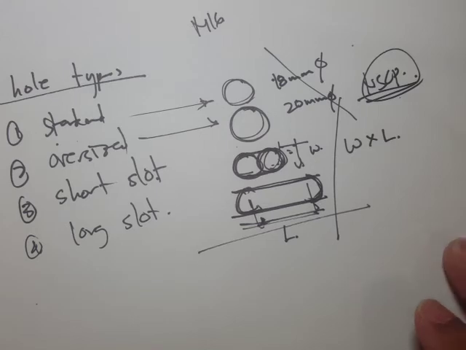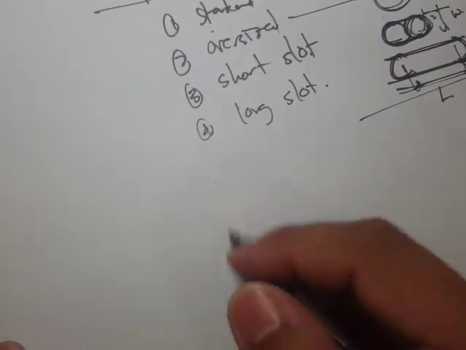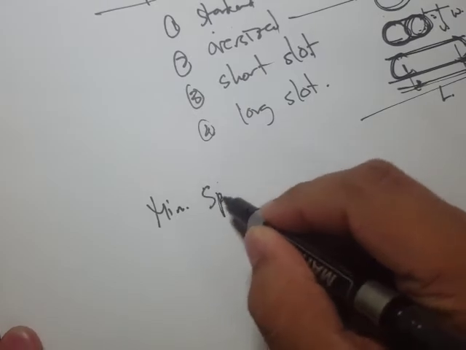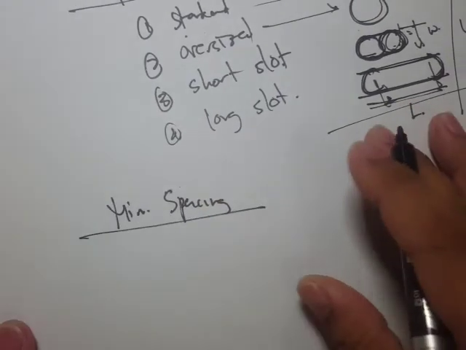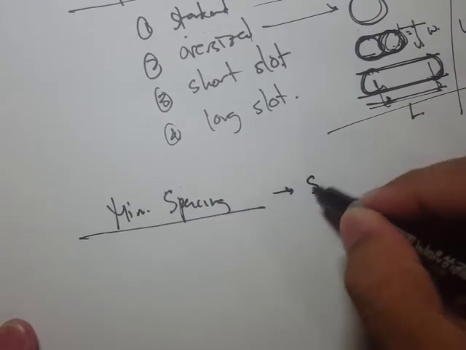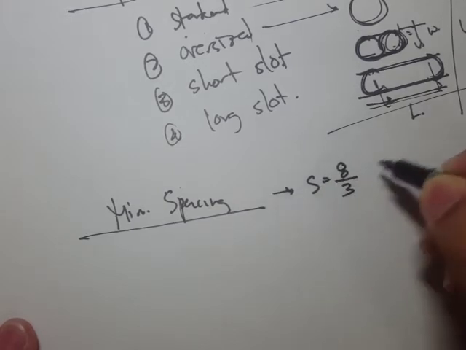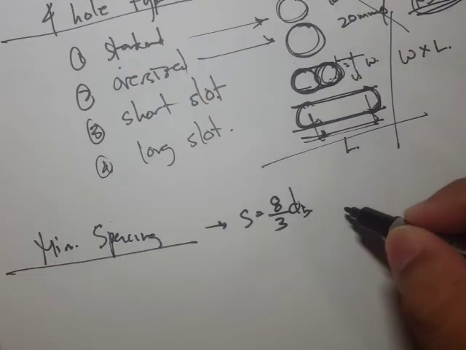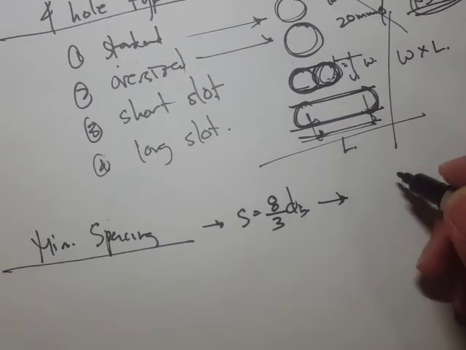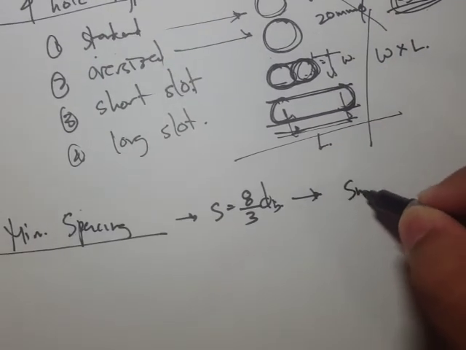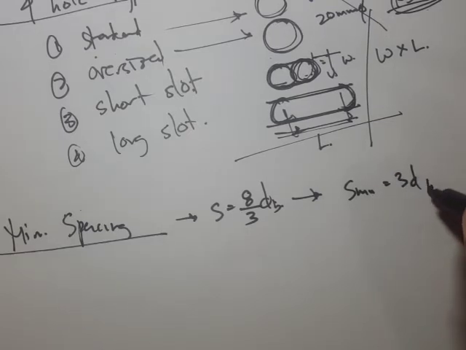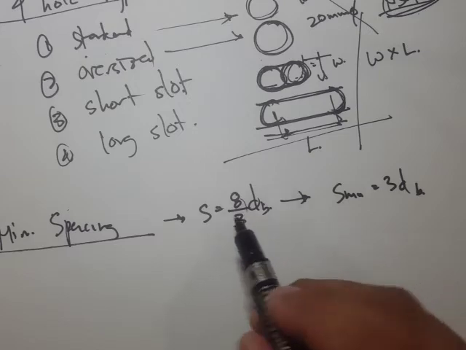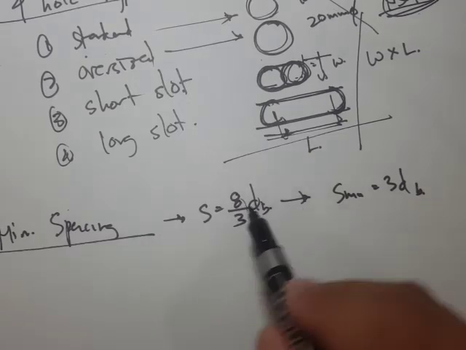Okay, so now let's discuss the minimum spacing. The minimum spacing required by the code says that S is equal to 8/3 of the bolt diameter. But preferably that should be 3 times the bolt diameter. 8/3 is something like 2.6 or so, less than 3.